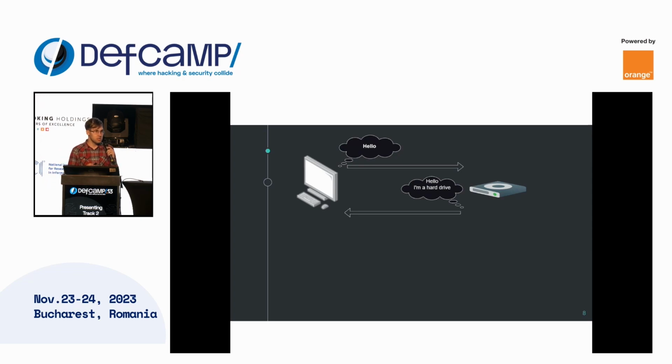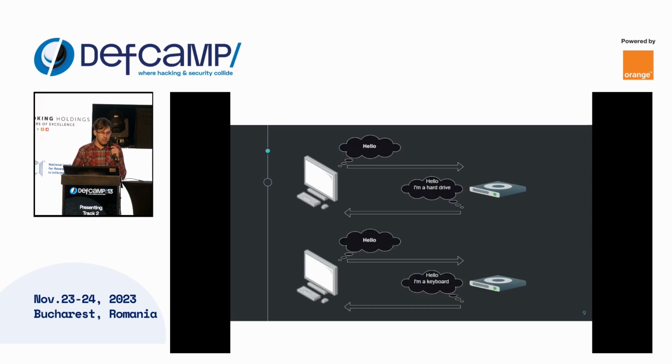And the OS will use a storage driver or a hard drive driver, or if possible, the driver for that manufacturer. So I don't know, maybe Samsung. But an evil one would respond, hello, I'm a keyboard. And the OS will start accepting input, keystrokes, from that thing that looks like a hard drive. In essence, this is what BadUSB is.